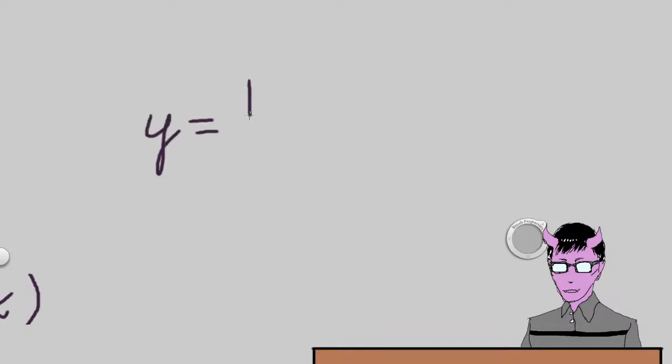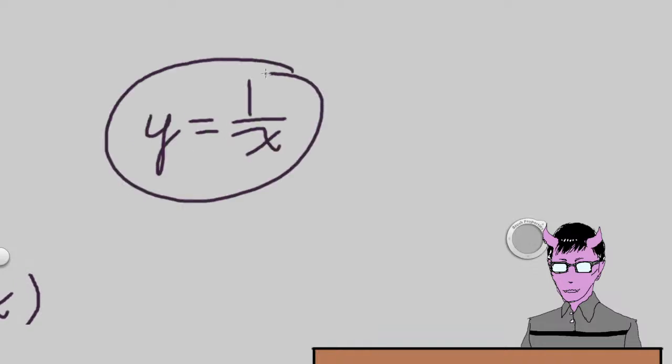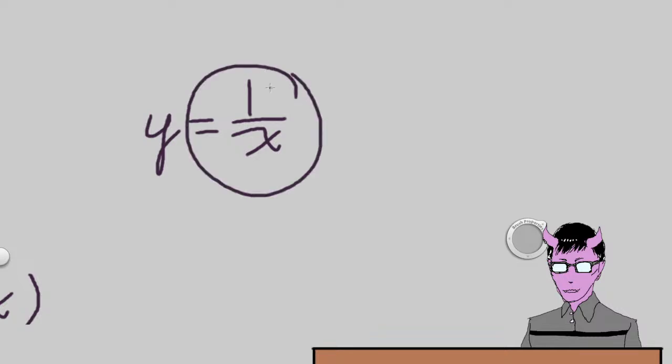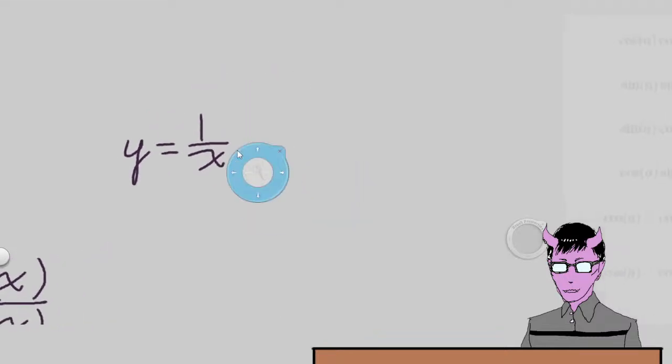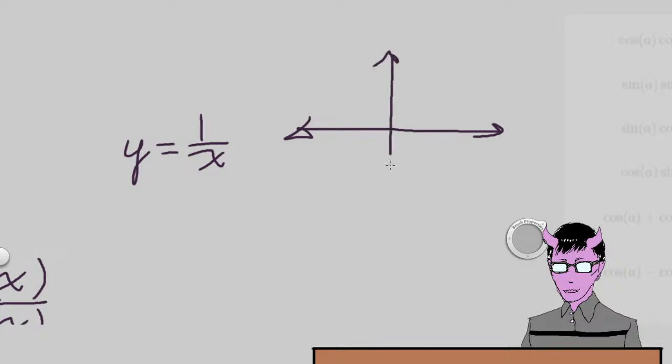y is equal to 1 over x. If you recall, this is the reciprocal function, graphing rational expressions. We can't divide by 0, so for this situation we have a vertical asymptote. Where is a vertical asymptote located? It's where we create 0 on the bottom.